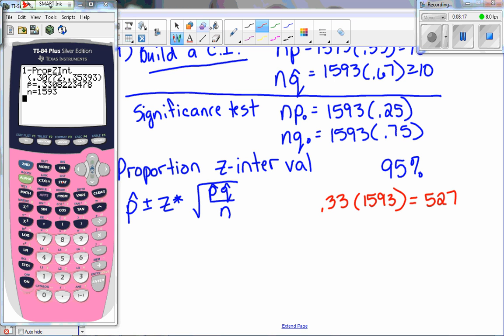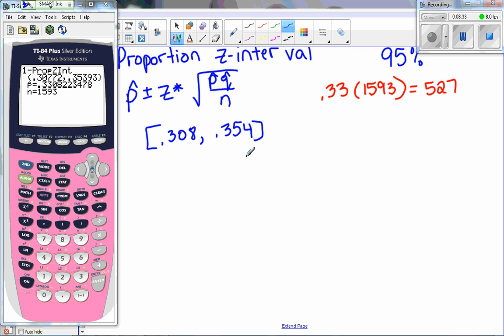So we have between 0.308 and 0.354. So now I'm going to interpret that.